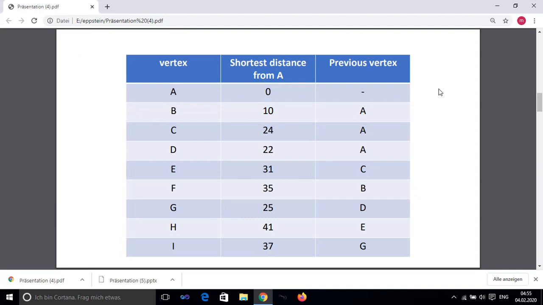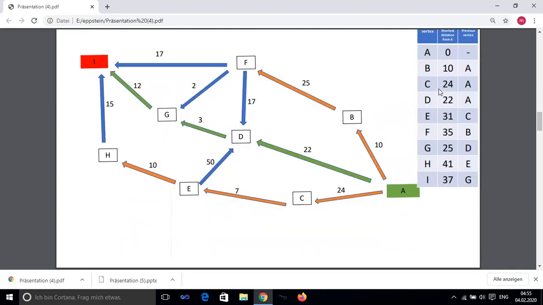In addition to finding the best path from source node to the destination, the algorithm will find the best cost from each node to the source node, as it is shown in the table, in the column named shortest distance from A. As you noticed in the table, the algorithm gives us the previous node of each node, which determines the best edge we talked about.